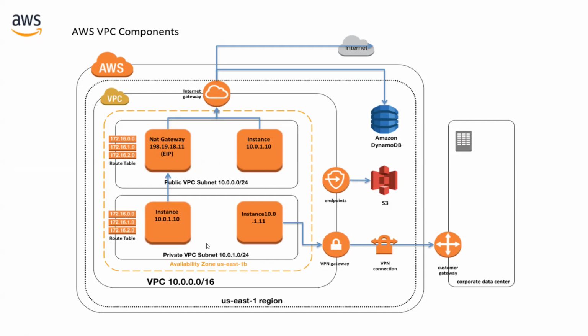So what are private and public subnets? The private subnet is the subnet which is not connected to the internet. The private subnet is not directly accessible to the outside world through the internet, because we can see in the diagram that this VPC has the internet gateway, but the internet gateway is connected to the public subnet, not to the private subnet.